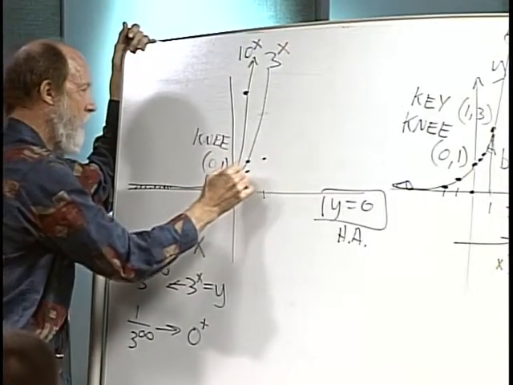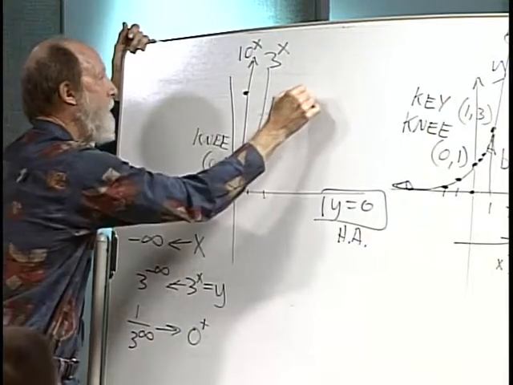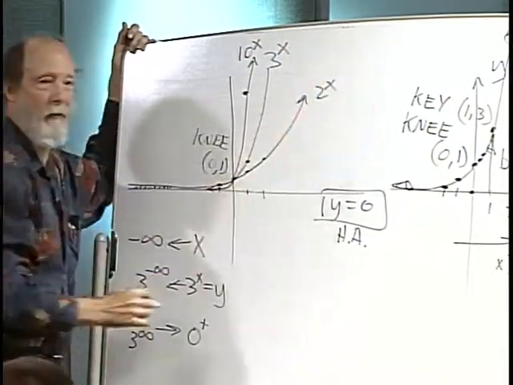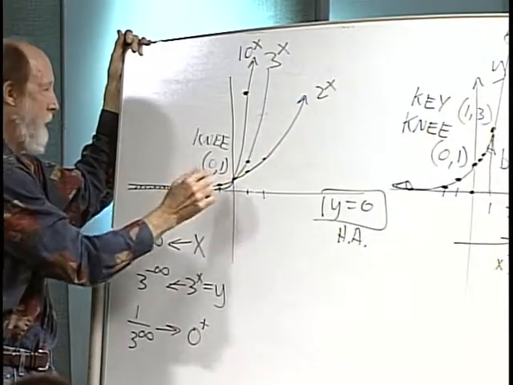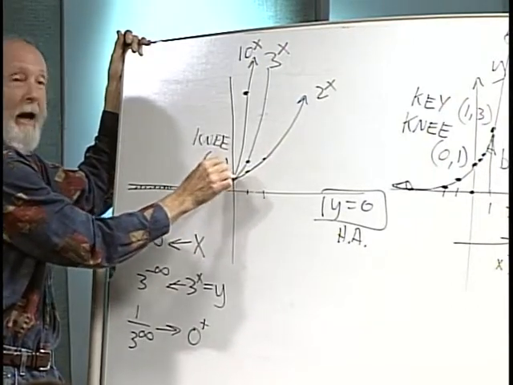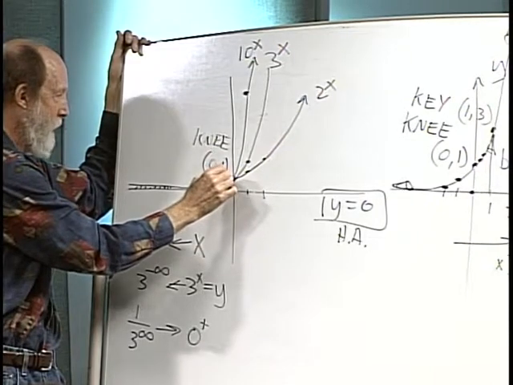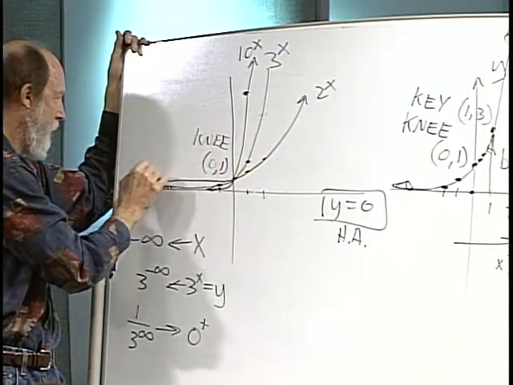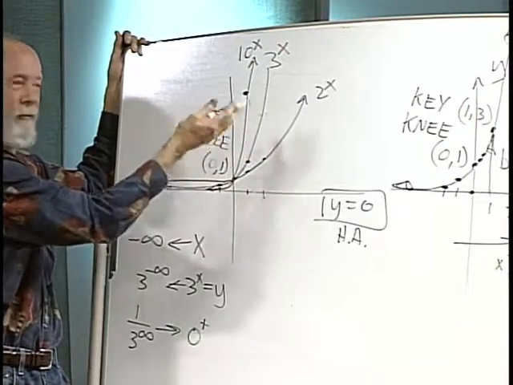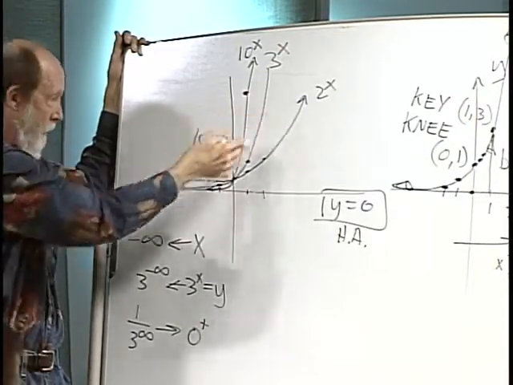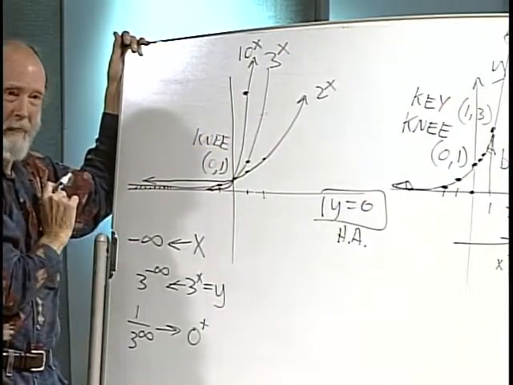So it's coming over like that, 2 to the x. And what happens at the knee? It's going to cross over those other graphs. And it's going to be actually higher as it heads on out here to the left. Nevertheless, same domain, same range, just a somewhat different, flatter character.